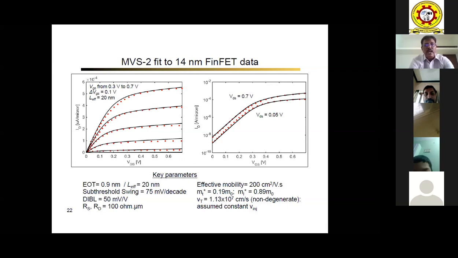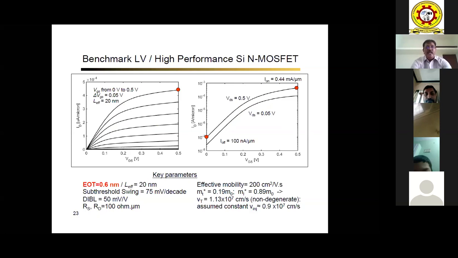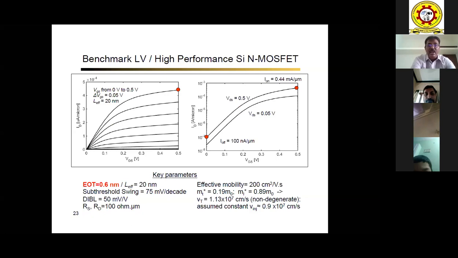Some more results on that. Benchmark LV, low voltage, high performance silicon N MOSFET, focusing on the N MOSFET alone. So if I'm not working on a FinFET, I'm working only on a conventional N MOSFET using conventional silicon. And if your technology goes until 20 nanometer, because as I said, a conventional silicon MOSFET ceases to function beyond 20 nanometer.